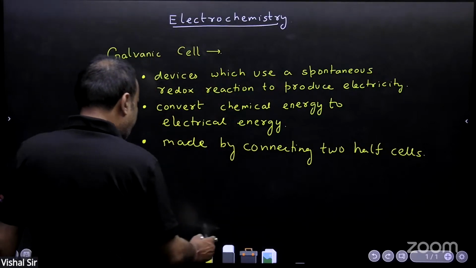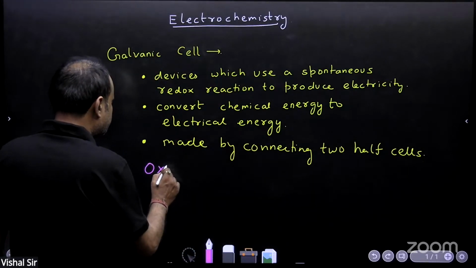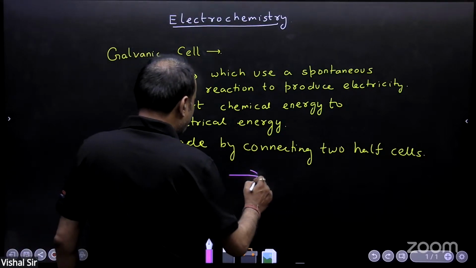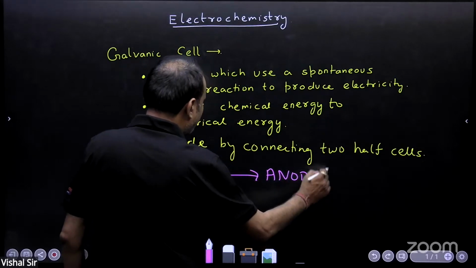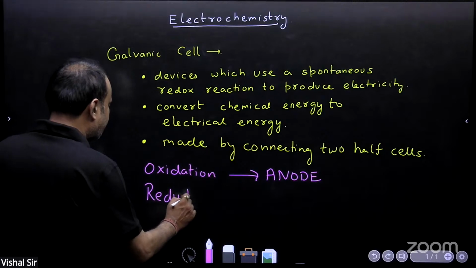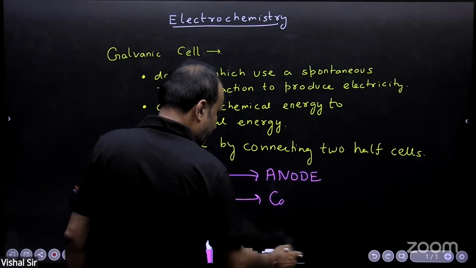The half cell where oxidation will occur will always be called the anode. The half cell where reduction will occur will be called the cathode.